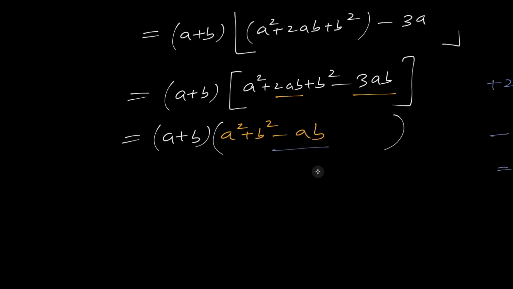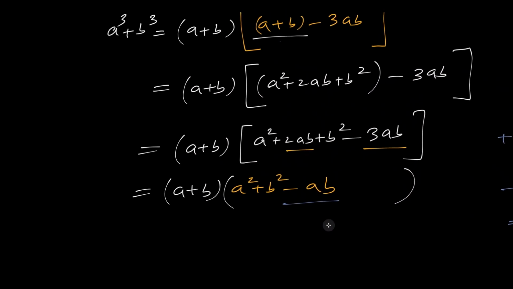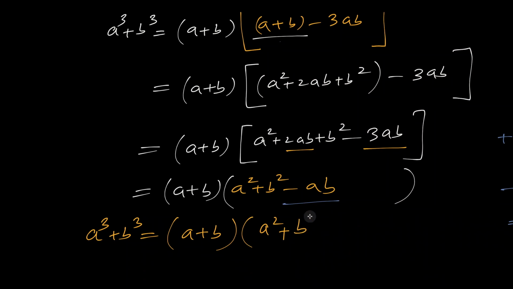So we got the answer. What is the answer? a cube plus b cube, this is what we are going to factorize. It is a product of a plus b and a square plus b square minus ab. This is how we can solve the equations.